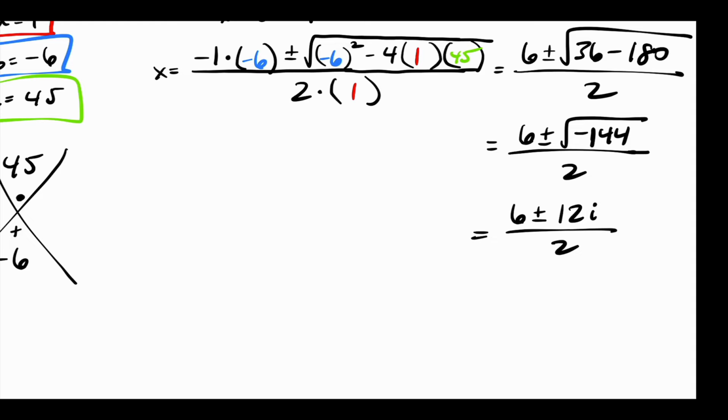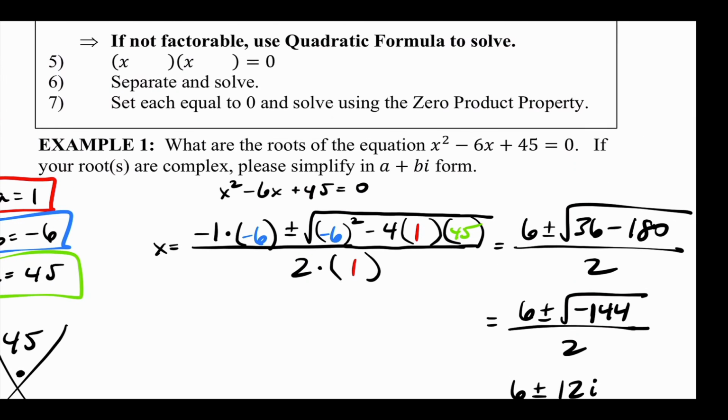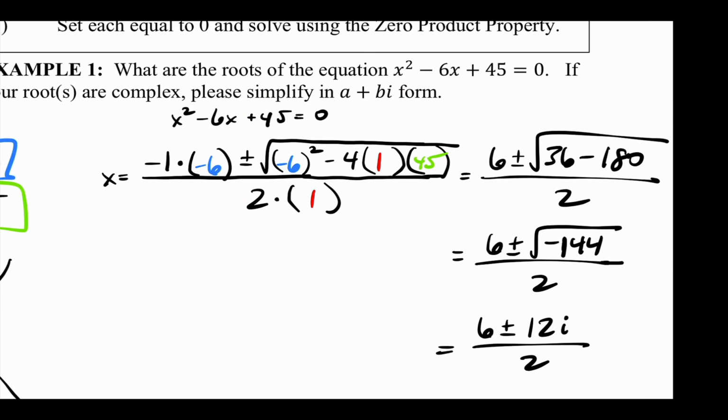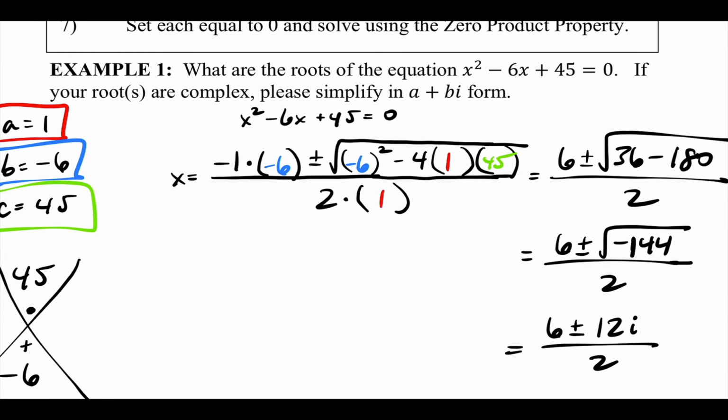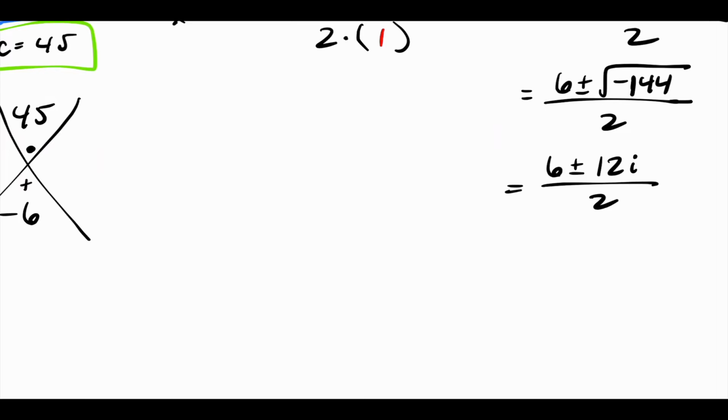Okay, so look up here. It says, if your answers are complex, meaning they have an i, use this form here. Remember, a is the real part, bi is the imaginary part. So let's go down here.